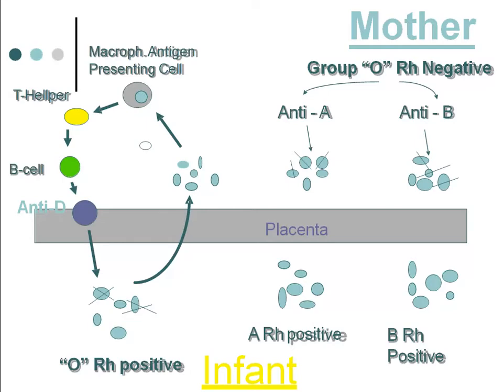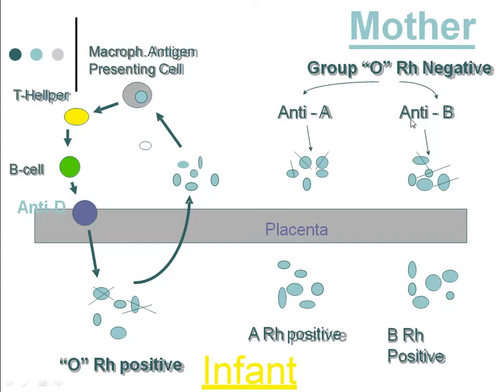Now what happens if the baby is Rh positive? These Rh positive cells enter the mother's circulation through the placenta, by fetal-maternal hemorrhage, into the O Rh negative mother.